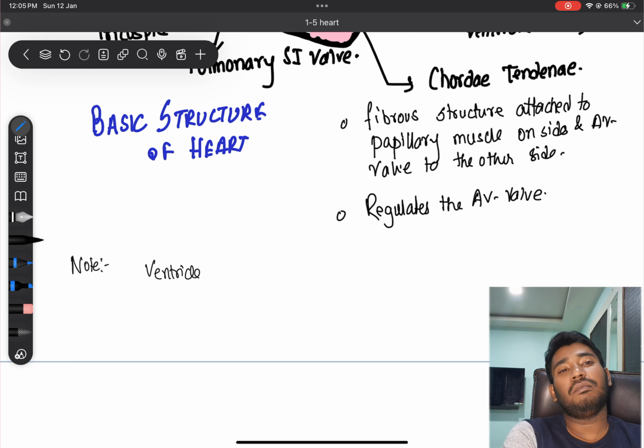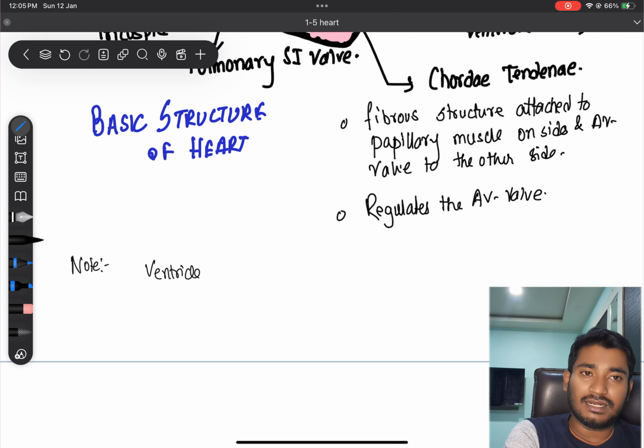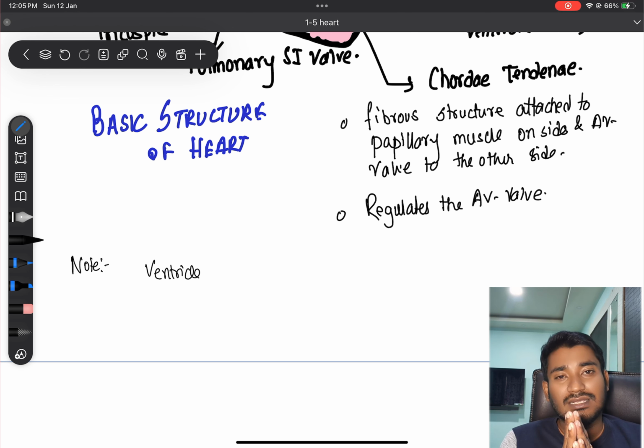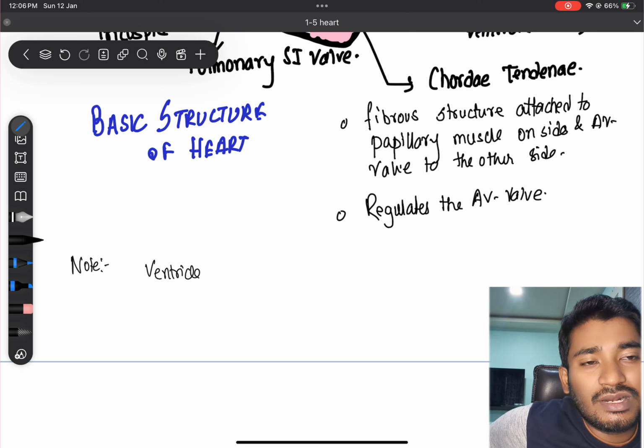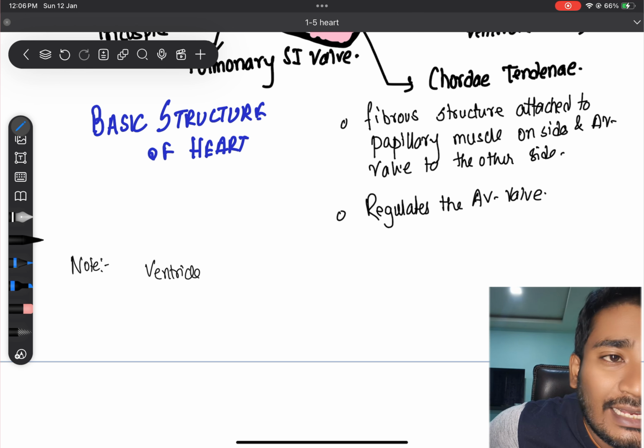So when the pulmonary vein is too much filled with blood, the excess volume of blood ultimately makes it lose its elasticity. So what happens? Pulmonary hypertension occurs. Hypertension means the pressure inside the pulmonary vein increases.